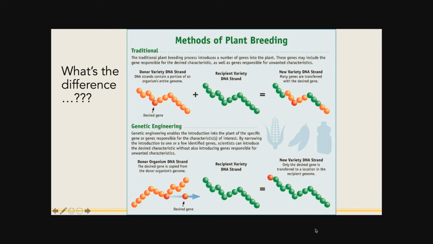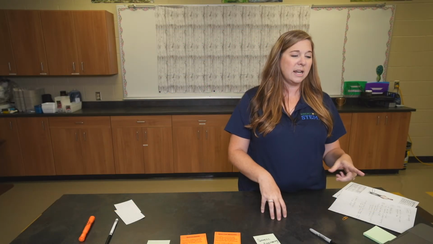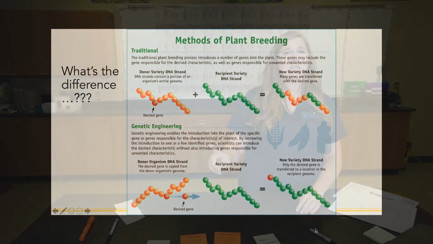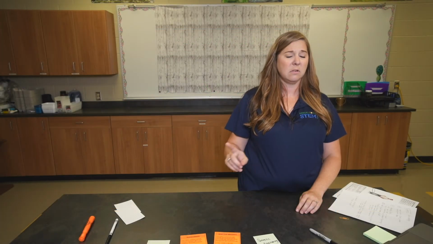From those good outcomes, we can then exaggerate those beneficial traits. Genetic engineering, on the other hand, is where we're targeting a specific gene. It could be from a different donor organism or from the same type of organism. We just want that gene to ensure that it is in the end product of our crosses. So now let's think about these as one gene versus many.